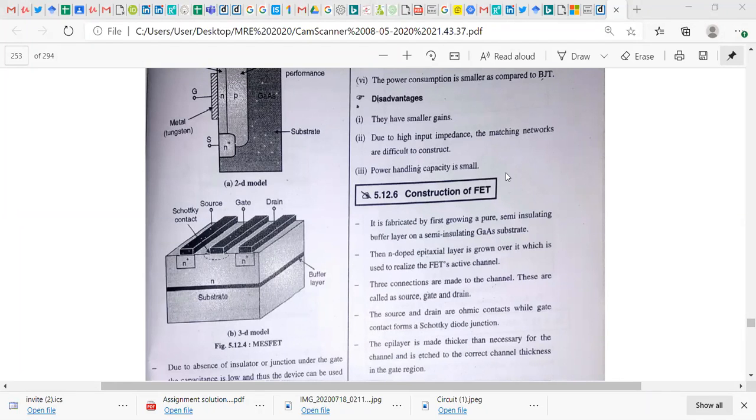Inshal. Yes sir. The FET is having disadvantages that the power handling capacity is very small as well as high input impedance. Still we prefer FET over BJT in microwave circuits. Why?